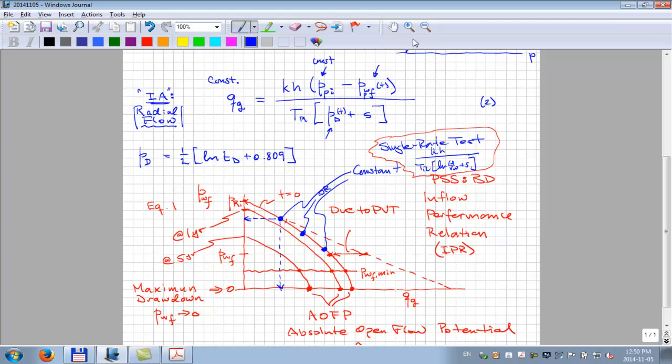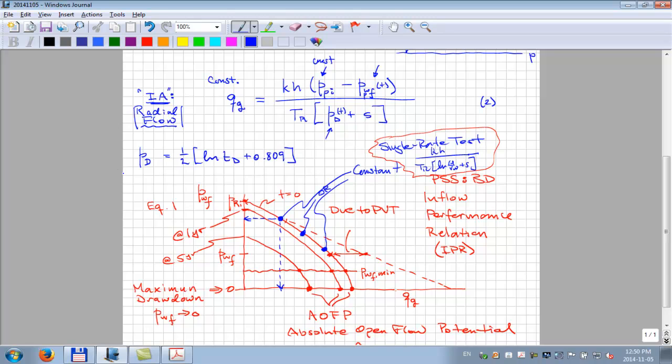If the time to pseudo-steady state is 8 hours, okay, then you would have to use this second equation during that 8 hours to analyze the performance. The time to pseudo-steady state might take 80 hours. Okay? In which case, you still have to use this equation 2 for a 12-hour test, because you have to find out what the PD value is at 12 hours.